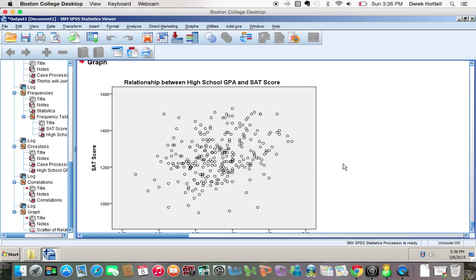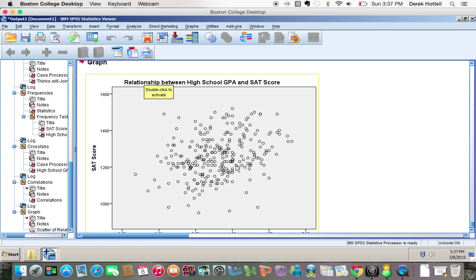What we're looking at is what would be the trend in this data. It can be kind of difficult to tell because it kind of looks like a blob. But if you look at it, it looks like generally it's positive, which would align with our correlation. And it looks like a relatively strong correlation, meaning there's a tight cluster here. You might have a positive correlation, but you might see a lot of data points spread out, like here, here, here, everywhere. The looser the grouping, the less strength there is in the correlation.